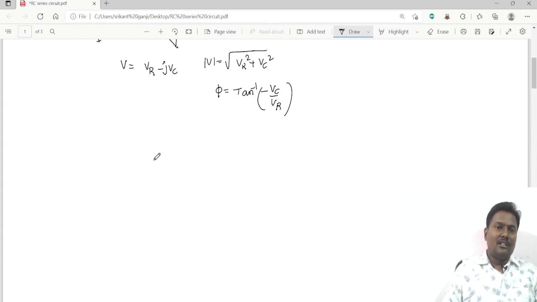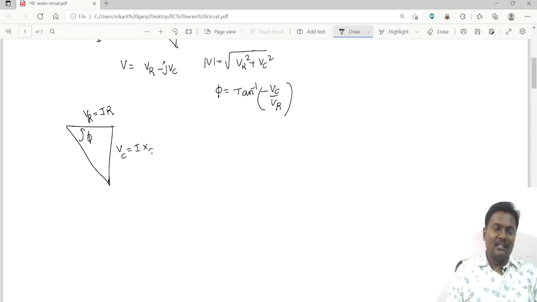From this voltage triangle, if you want to draw the impedance triangle, VR can be written as I into R, and VC, the voltage across the capacitor, is I into XC, where XC is called the capacitive reactance, and V is equal to I into Z, where Z is called the impedance.